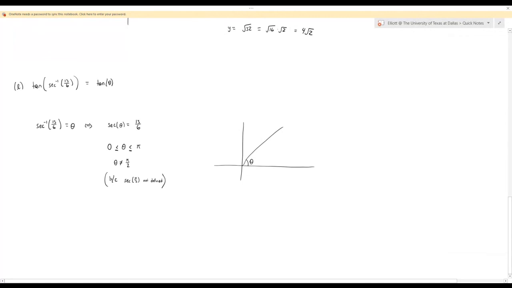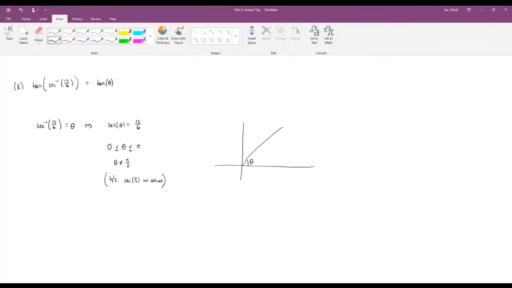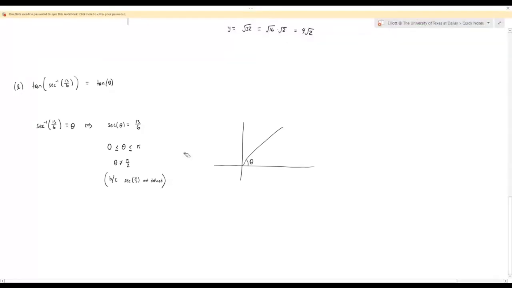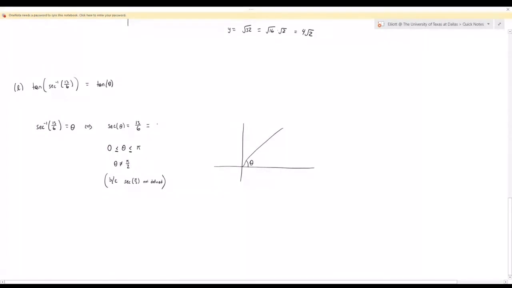Okay, so I was drawing a picture of the angle theta. I figured it was in the first quadrant because secant is positive. Secant is the reciprocal of cosine, so I want to think of secant as the hypotenuse over the adjacent.